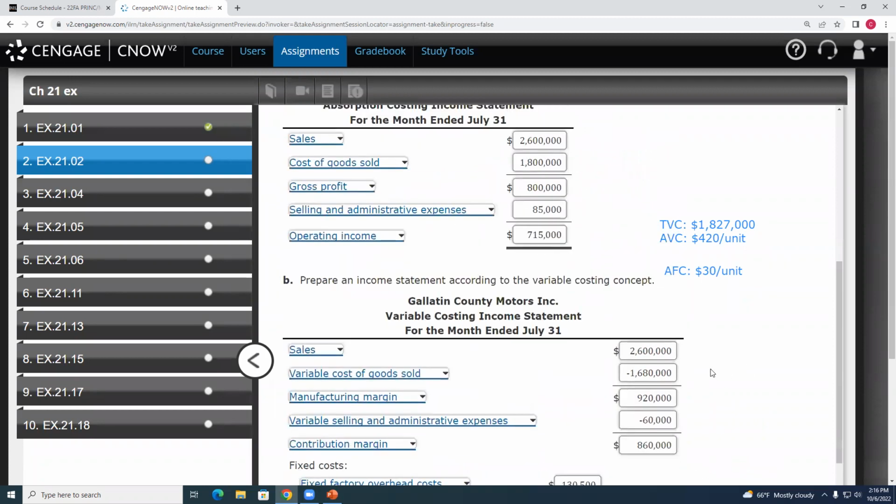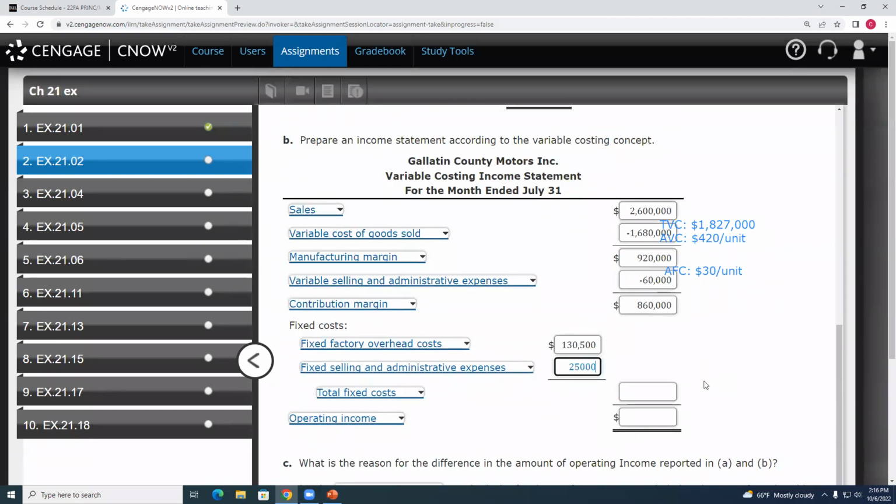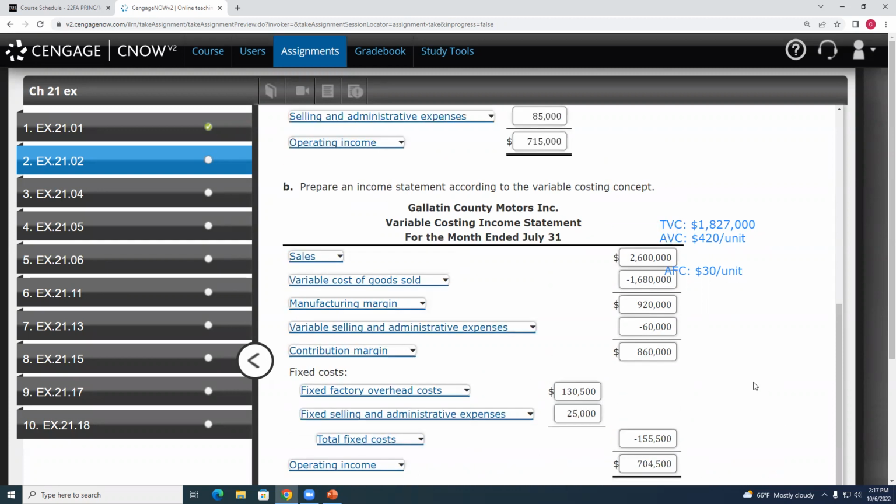Then we have the fixed selling and administrative, which was given as $25,000. And then we subtract the total of the fixed costs from the contribution margin. And I can position it just like that so we can compare at least that bottom line.